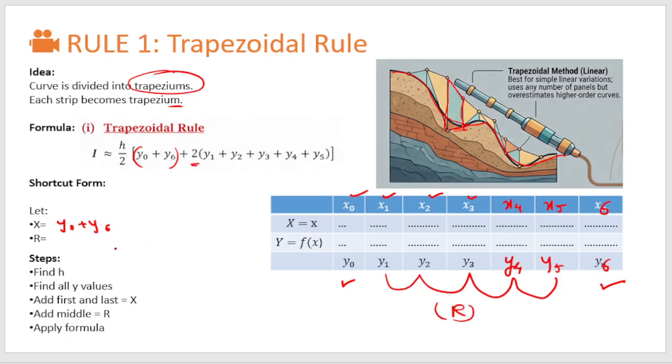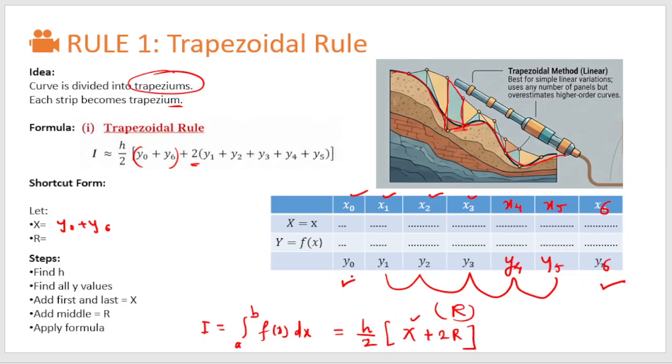So the formula, in a shortcut way, is the integration from a to b of f of x dx equals h by 2 times (X plus 2R) for the trapezoidal rule. If you want to remember this formula, it's very simple. X represents the first value and last value.